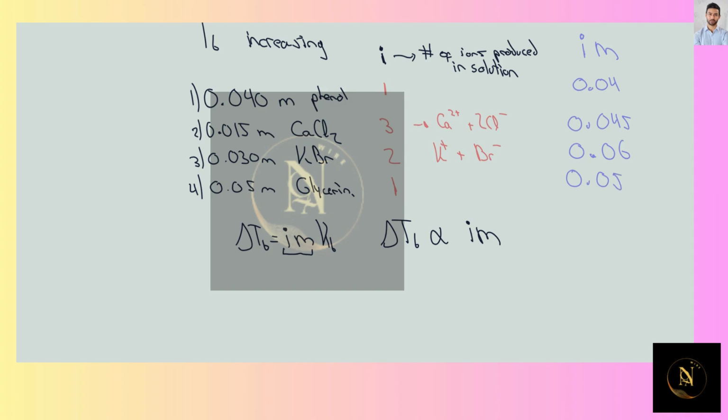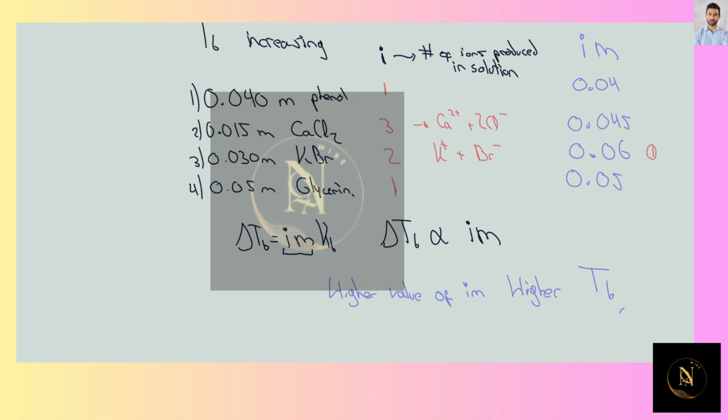So the higher the value of i times m, the higher the boiling point. So for this reason, the highest boiling point would correspond to KBr.